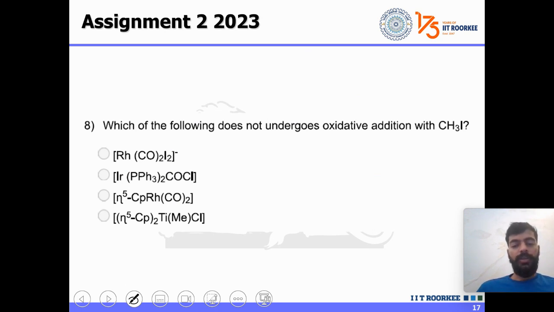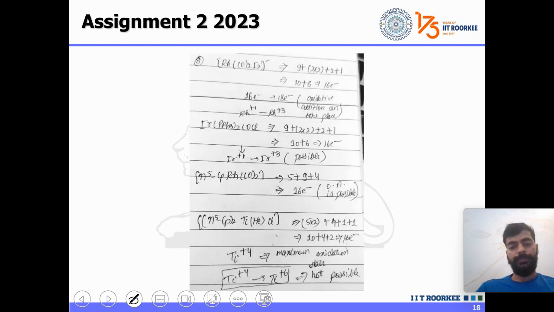Which of the following does not undergo oxidative addition with methyl iodide? Again, it is asking for oxidative addition. We need not see about this. Oxidative addition will occur only on the complex with the reduced number of electrons. If the compound is following the 18 electron rule, it is not possible to do the oxidative addition reactions on them. Let's see.